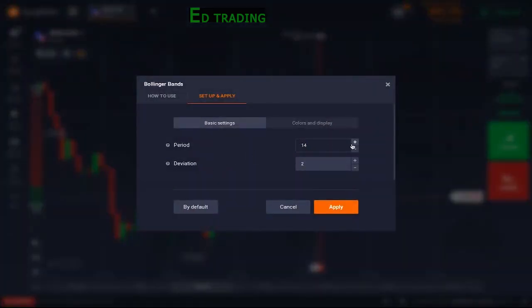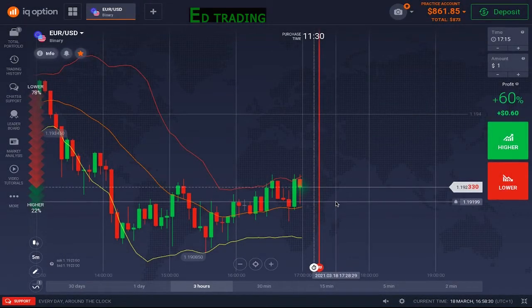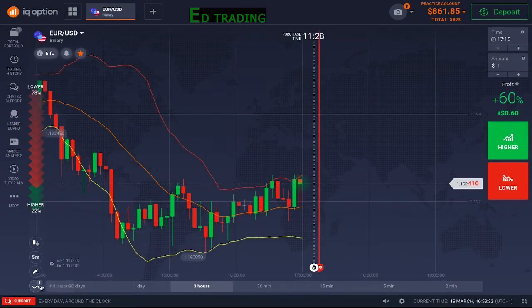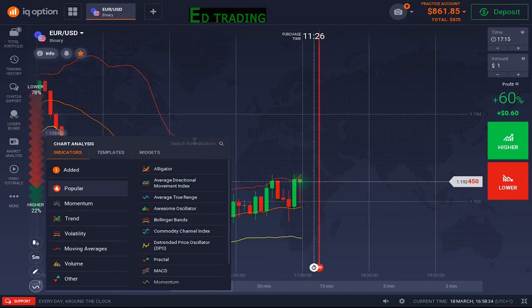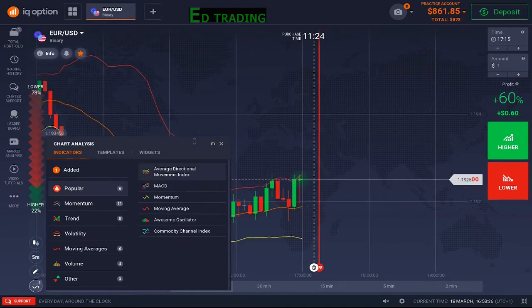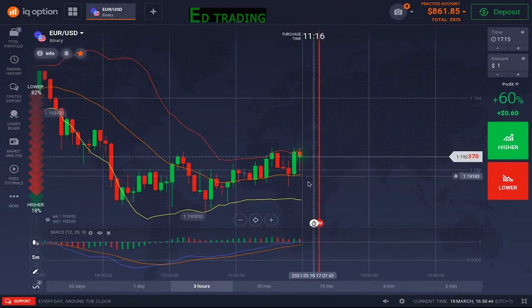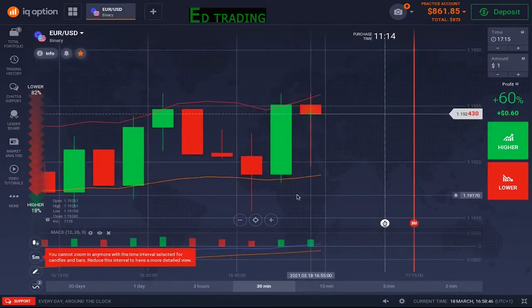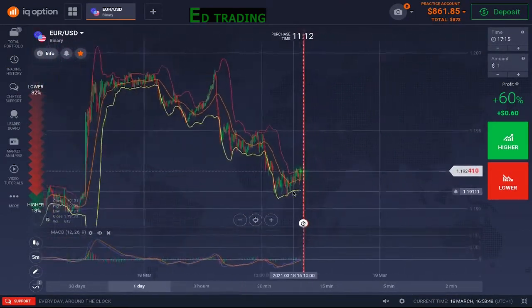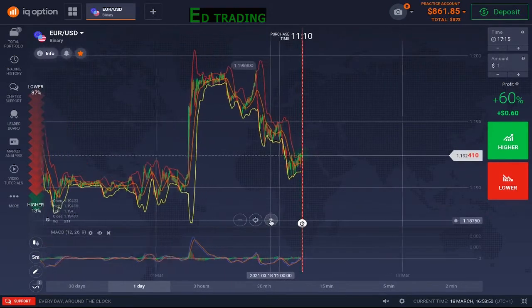You change the period to 20. Then you apply. Then you go to indicators again. Type MACD. You just leave it at this default setting. Then you apply. You zoom out. And you zoom in.